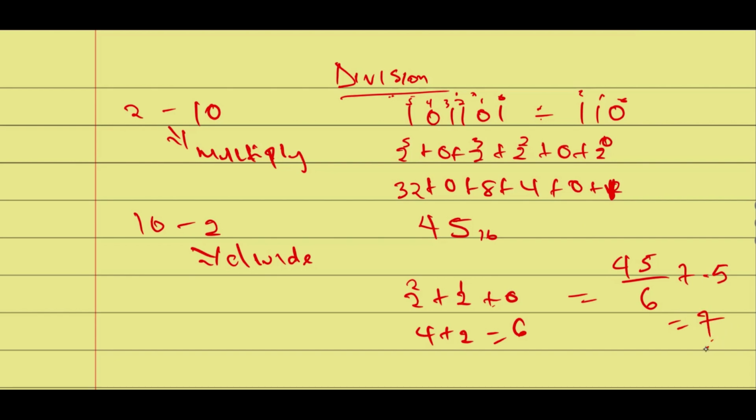Then we're going to convert this 7 in base 10 back to binary. So to convert to binary, we have 7 divided by 2, which is equal to 3, remainder 1. 3 divided by 2 is equal to 1, remainder 1.